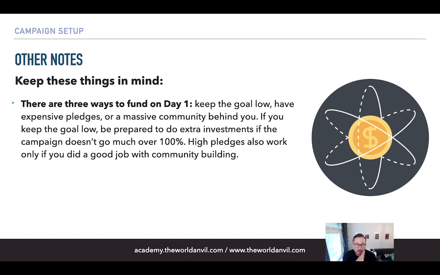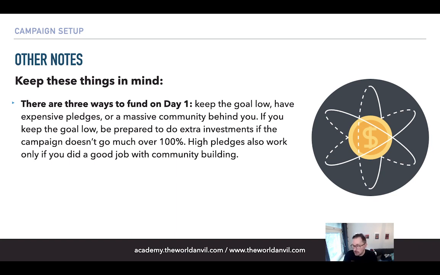Now, if you keep the goal really low, and that's just your public goal but not your real goal, you need to be sure that if the campaign doesn't go much over 100% of that public goal, you have the funds, your personal funds, to fill the gap between the public goal and the real goal.